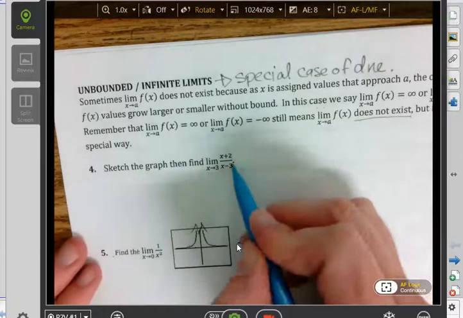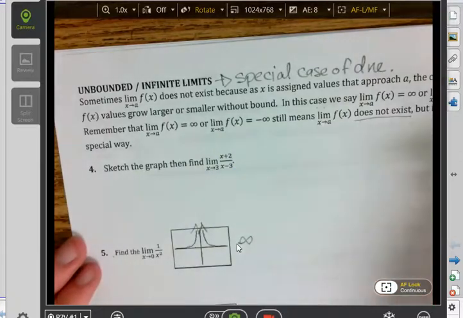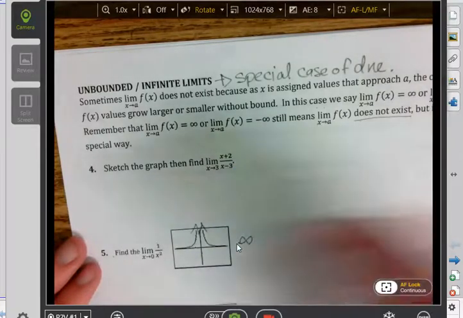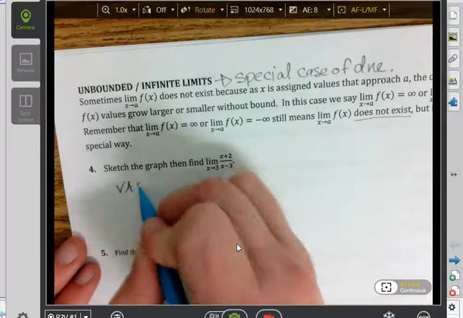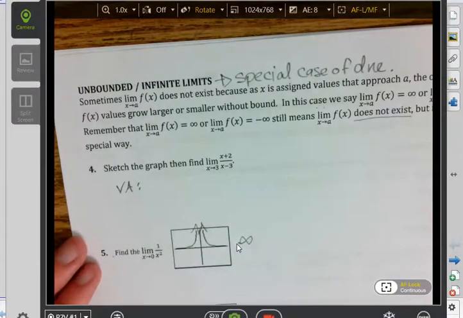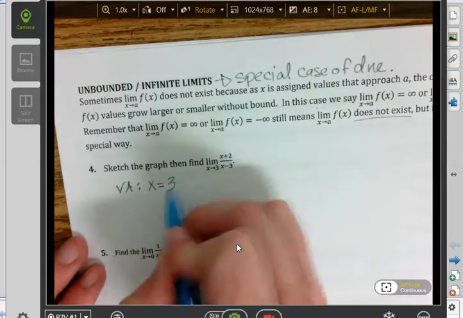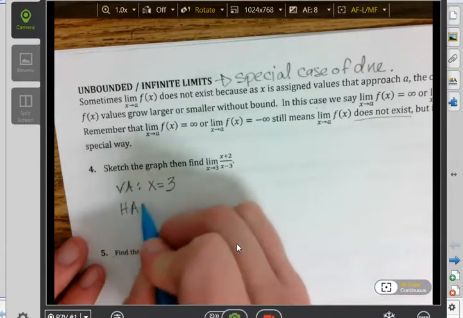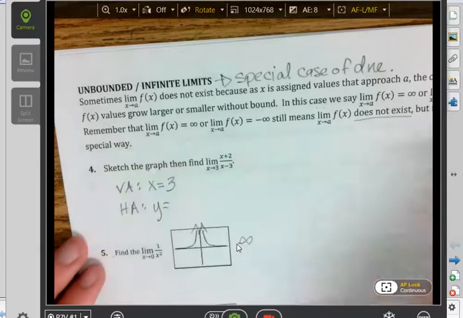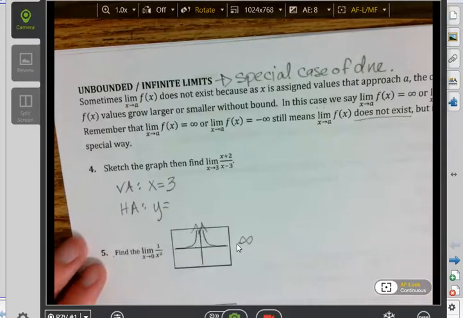Okay, this graph right here, let's just sketch a quick graph. Do you guys remember how to find your vertical asymptote? Is that your denominator equal to 0? You get x equals 3. And how about your horizontal asymptote? The degree on the top is the same as the degree on the bottom, so you take what ratio?